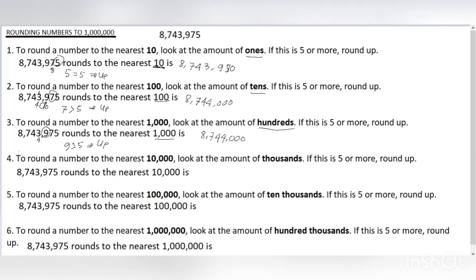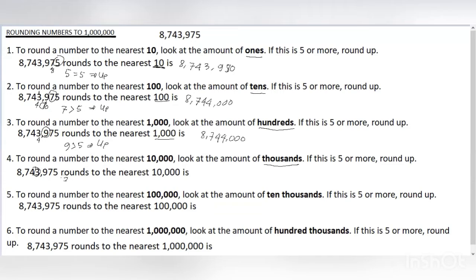The next one, number 4: to round a number to the nearest 10,000, look at the amount of thousands. If this is 5 or more, round up. Let's see. The thousands here is 3.